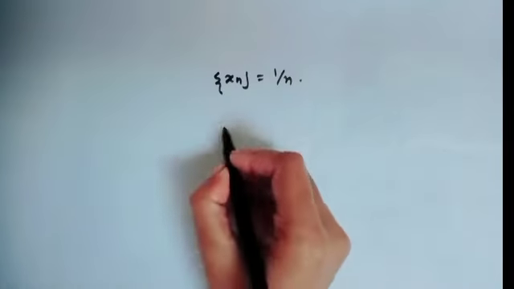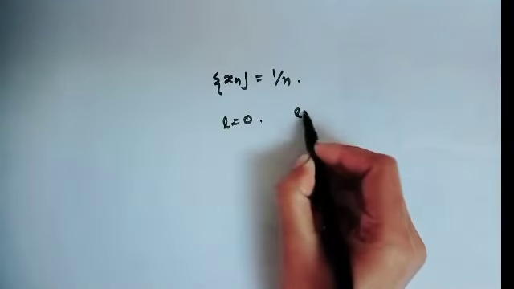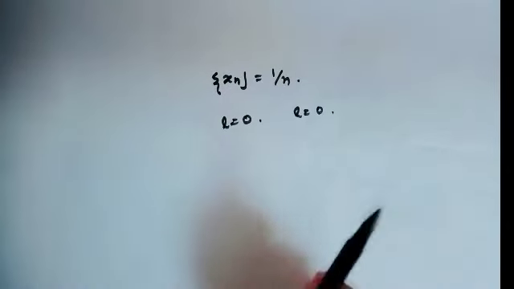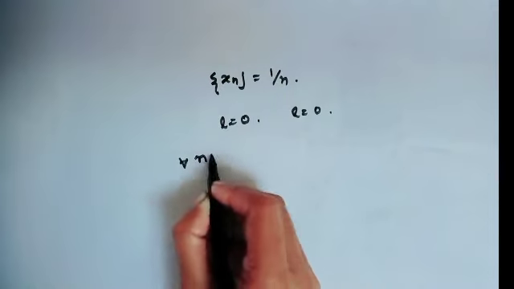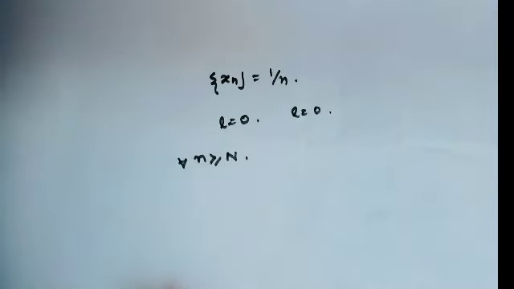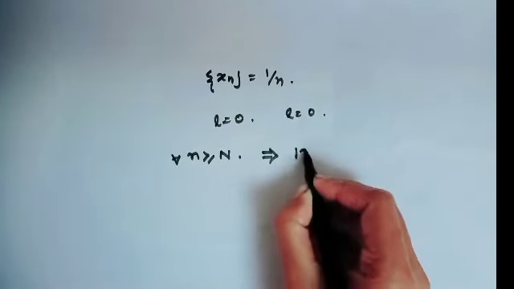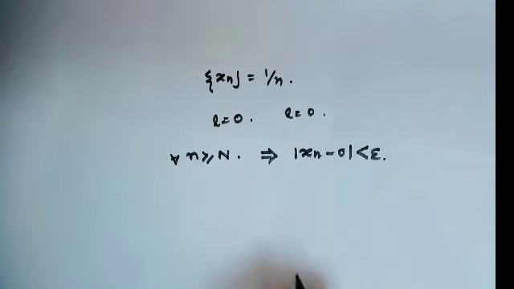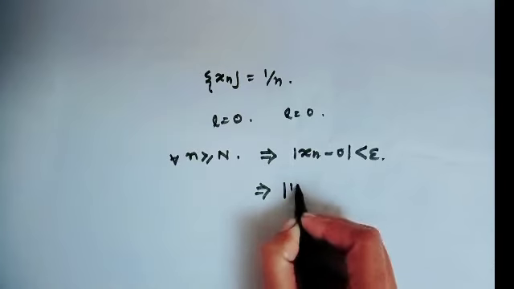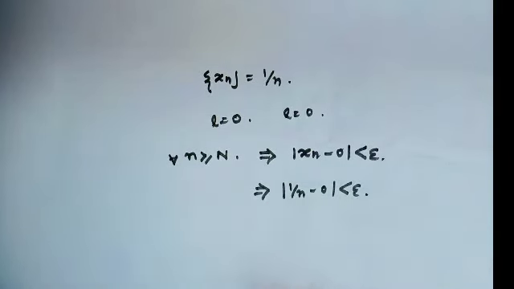That means here L equals 0. And to prove L equals 0, what do we have to do? I have to find a capital N such that for all n greater than or equal to capital N, that implies modulus of xn minus 0 is less than epsilon. That implies 1 over n minus 0 is strictly less than epsilon. Okay?